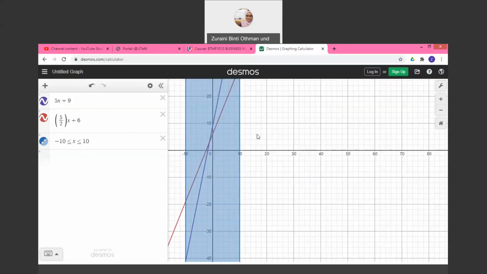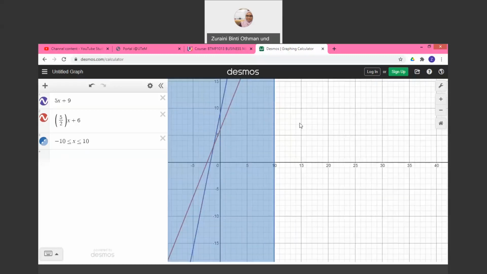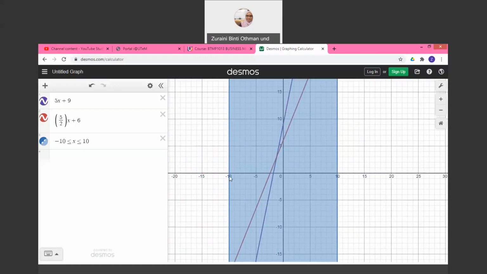When we close up this graph, it will shade from negative 10 until 10 only by using this Desmos calculator. So if you want to analyze only this region, then you can draw this region also. Put this inequality here.